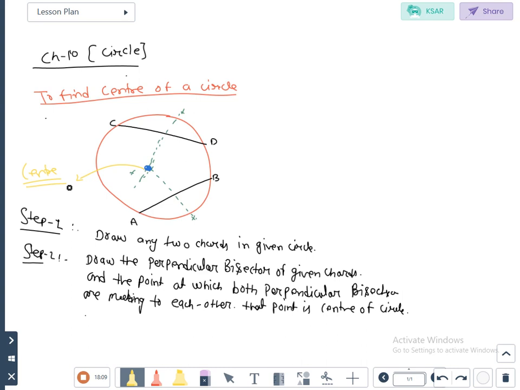After that we will draw the perpendicular bisector of both the chords. Both the chords की perpendicular bisector draw करोगे. Now the point at which both the perpendicular bisectors are meeting each other, that point is the center of the circle. Understand? So that is how we find out the center of the circle.